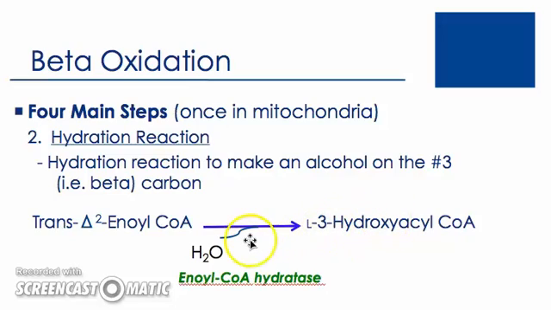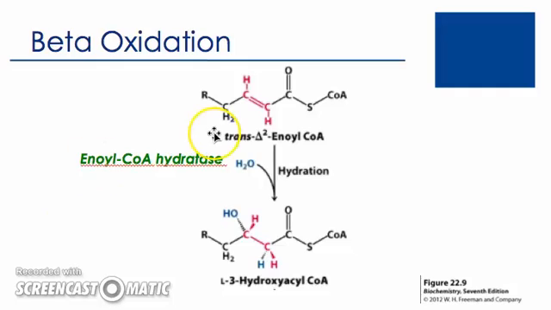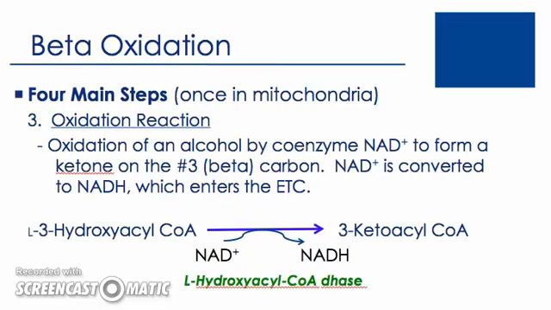The enzyme catalyzing the reaction is enoyl-CoA hydratase. In this diagram, we can see further the breaking of the double bond and the formation of the alcohol at the 3rd carbon.